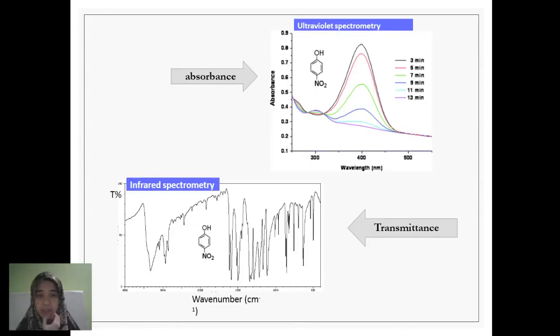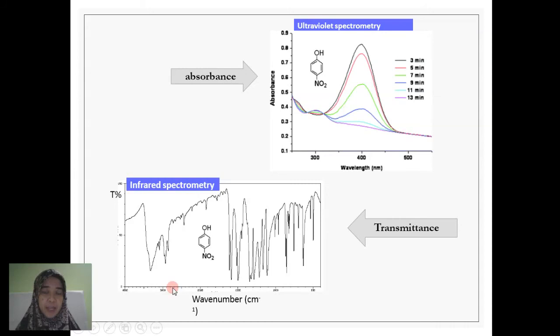So this is how absorbance and transmittance are shown in the spectrum. For absorbance, the absorbance value is on the y-axis versus the wavelength, and for transmittance, the percentage of transmittance is plotted over the wavelength.